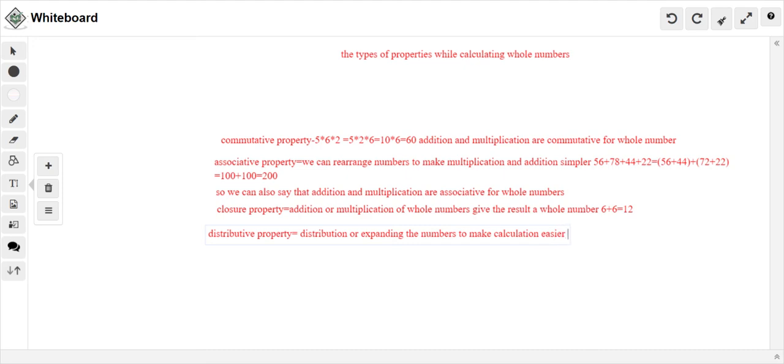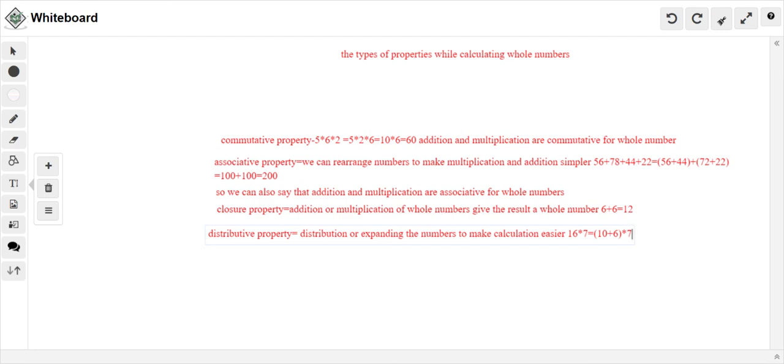For example, this is for those who don't know the tables. 16 into 7 can also be written as 10 plus 6 into 7.